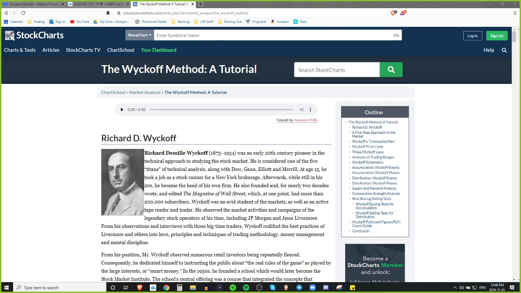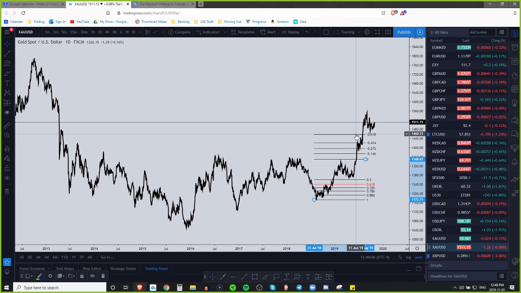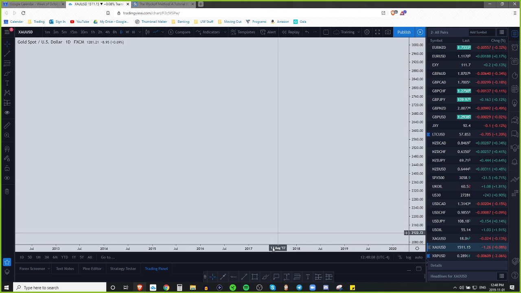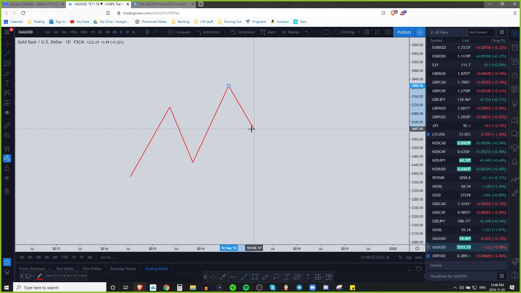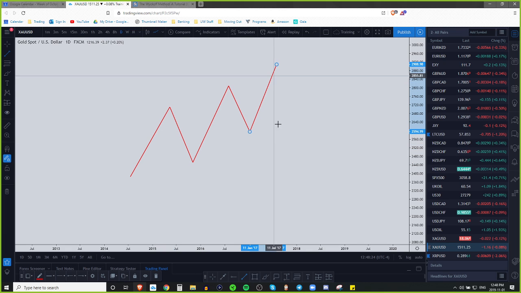Which side starts with 0 for an uptrend and downtrend? Good question. If we're in an upwards trending market, you're going to be drawing it from the low to the high, like so.